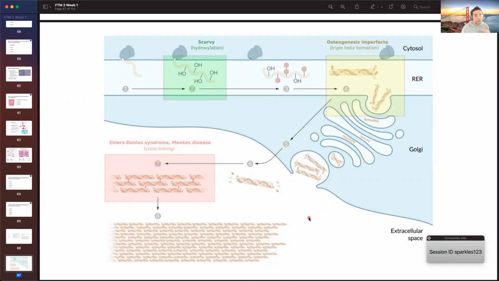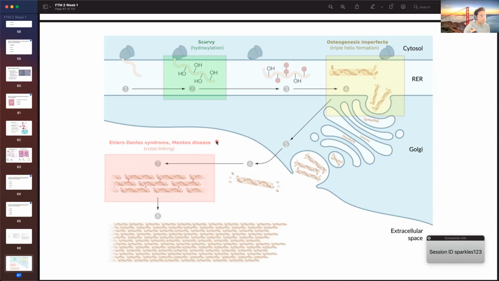Now, in this location, you can have several different pathologies. Ehlers-Danlos deals with what type of pathology? Type 3 and 5. Exactly. And we're gonna go over those individually. And then Menkes disease is very unique.